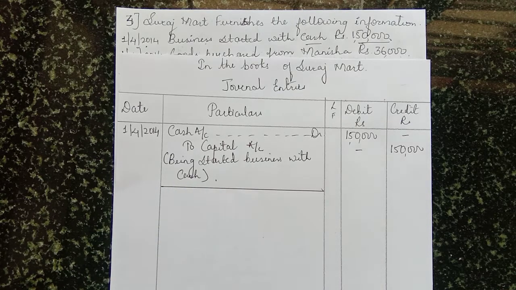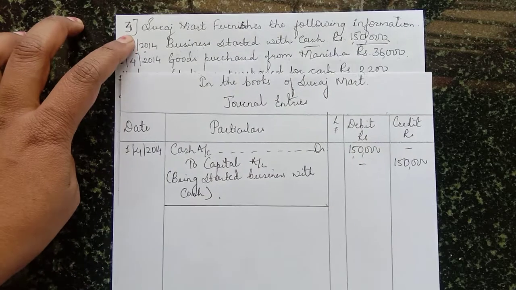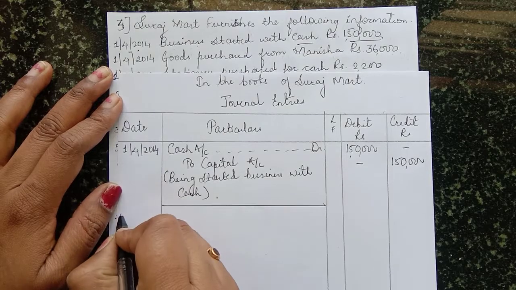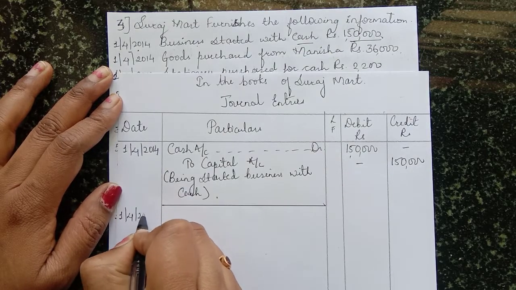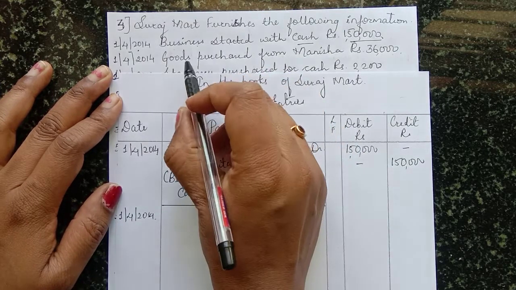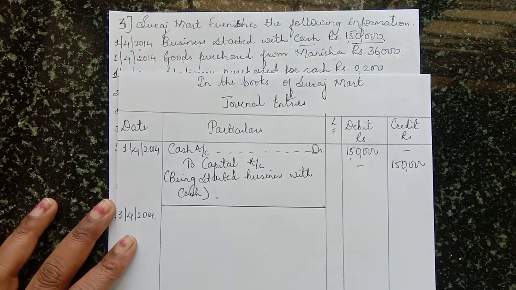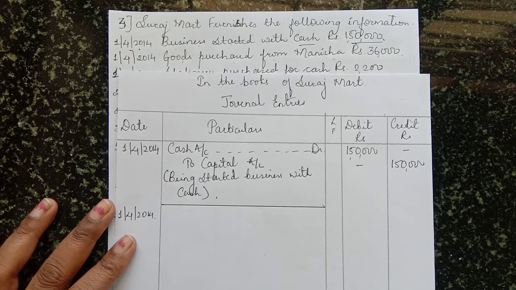Next transaction. After again one date, one more transaction has happened. 1/4/2014. I'll read: goods purchased from Manisha. Here the word cash is not given. Manisha means goods are purchased on credit.